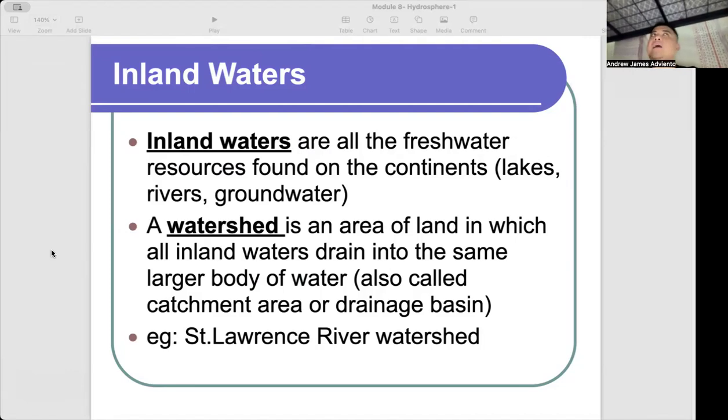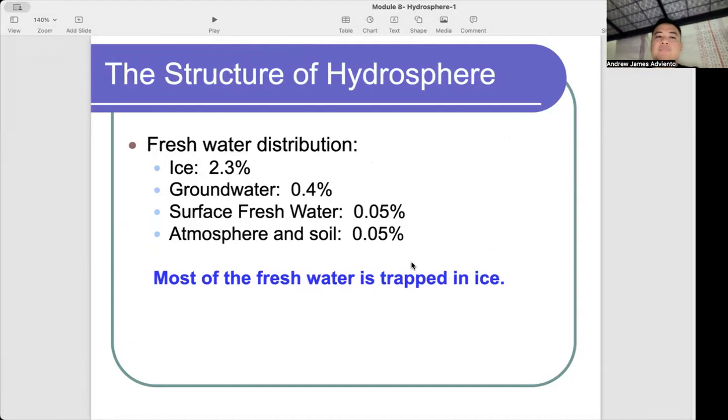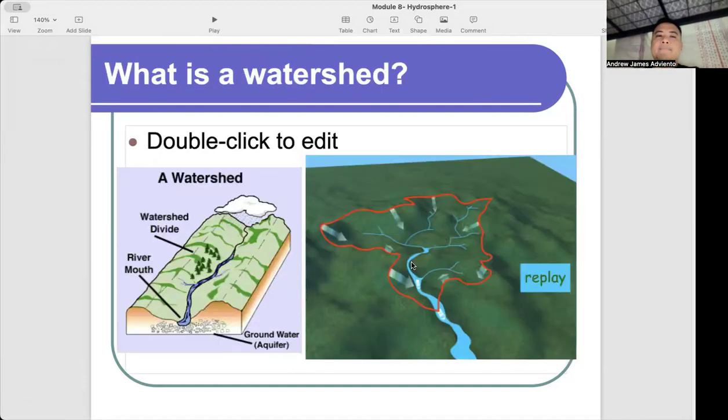So think of it like watersheds are like small branches, and river basins are the whole tree. So all water flows to the lowest point and eventually reaches the ocean. As you can see in here, this is the river basin and these are the watersheds. So it's like a tree.